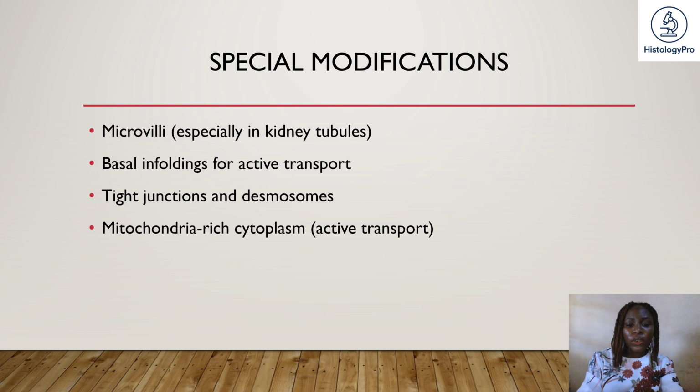The cells are connected by tight junctions, which help maintain structural integrity and prevent leakage between adjacent cells. Additionally, the cytoplasm is rich in mitochondria, providing the energy required for active transport processes. These special modifications allow simple cuboidal epithelium to effectively perform absorption and secretion.